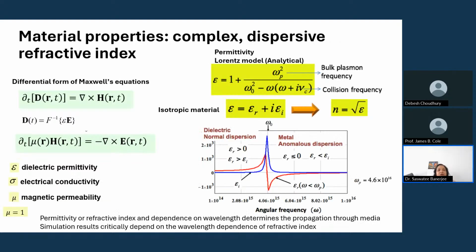Now, I think Professor Cole showed you the wave equation, and how you solve the wave equation. Now I will talk a little bit about Maxwell's equations. Not really going into them, but what I'm trying to show you here is that the propagation or the interaction with material is in fact all guided by Maxwell's equations.